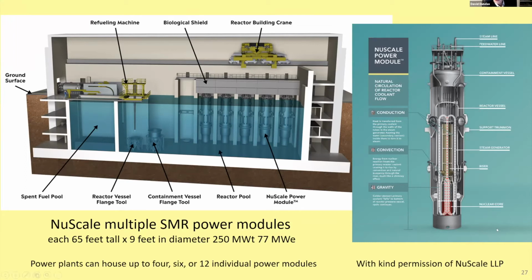What's interesting about this one, it doesn't have any pumps to pump around the cooling fluid. It works on the basis of thermosiphon, that is the difference in density between the hot fluid and the cold. So in the center, you've got your reactor, and the reactor heats up the cooling liquid, the cooling water, which travels up over the top.